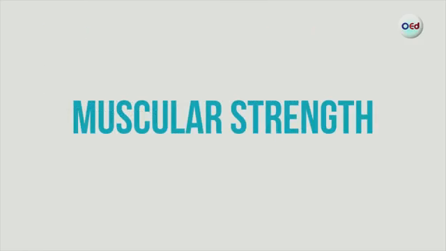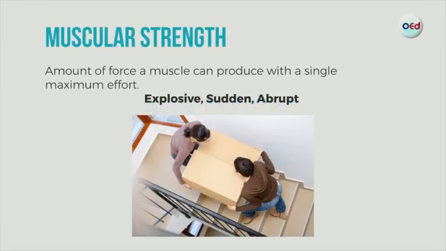We proceed to the third health-related fitness component, which is muscular strength. Muscular strength refers to the amount of force a muscle can produce with a single maximum effort. Compared to muscular endurance, where you sustain a muscle contraction for long periods, muscular strength simply refers to movements you do that are explosive, very sudden, or abrupt.